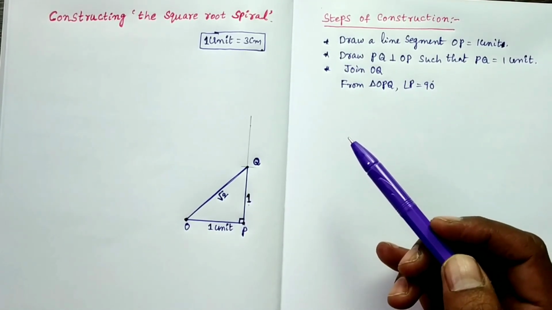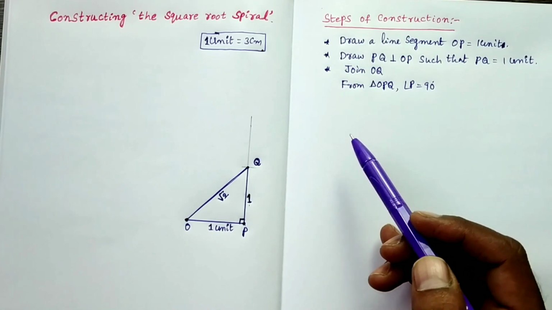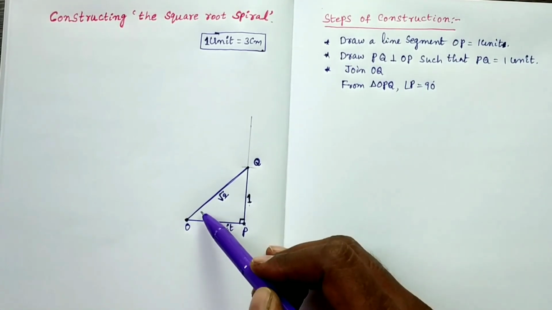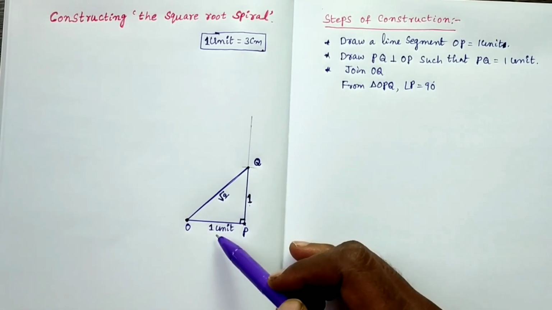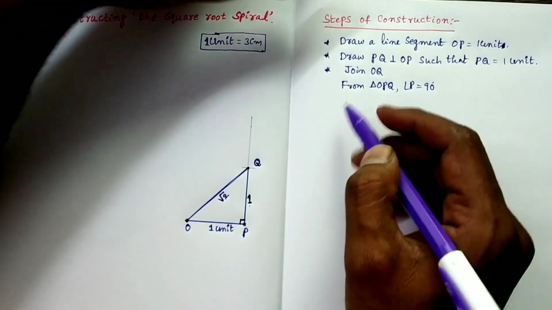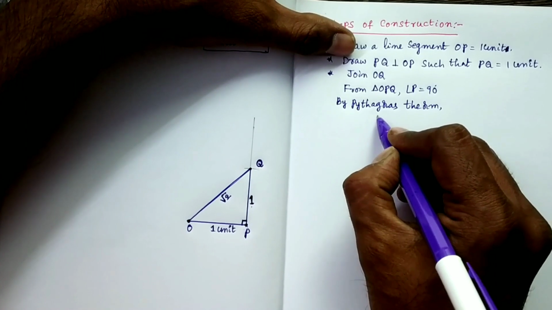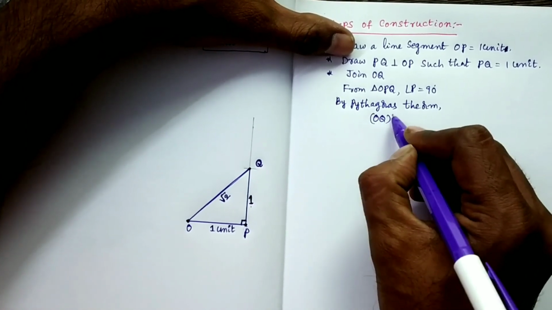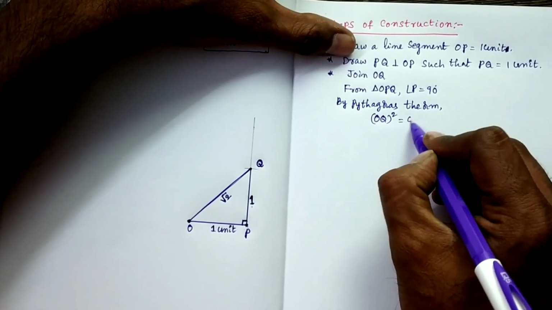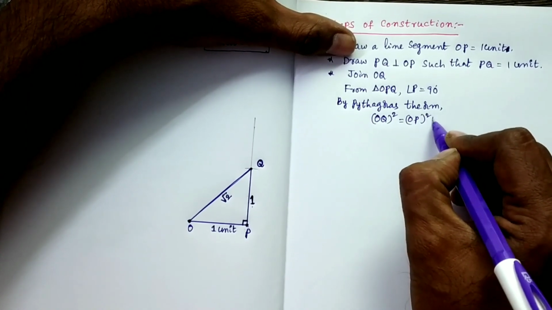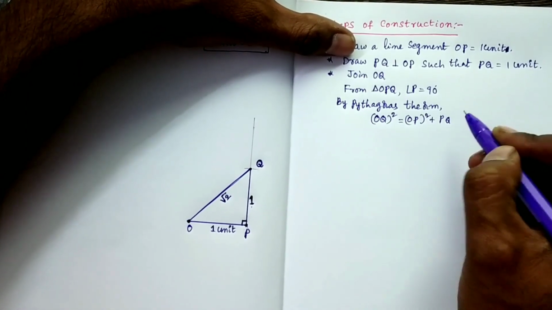That is the Pythagoras theorem. So by Pythagoras theorem, OQ square is equal to OP square plus PQ square.